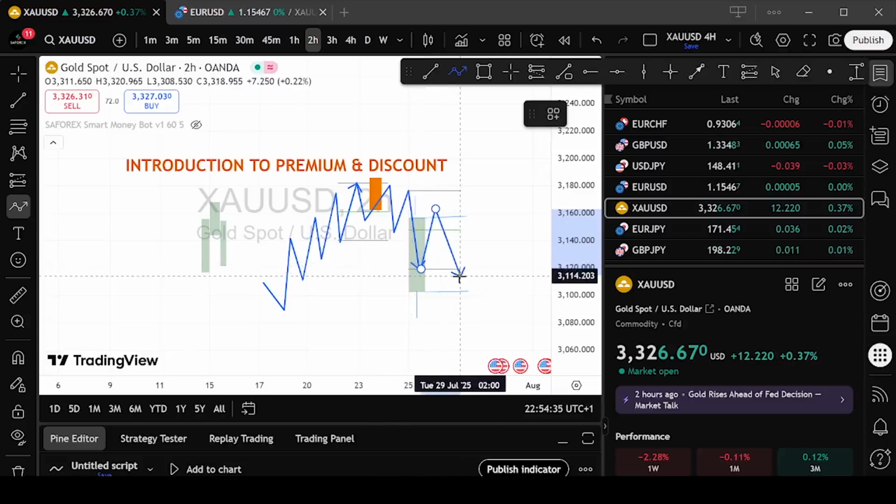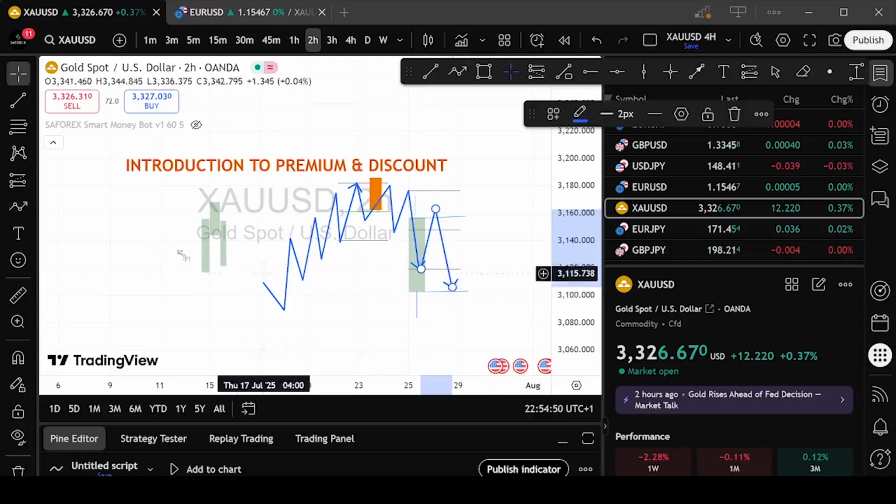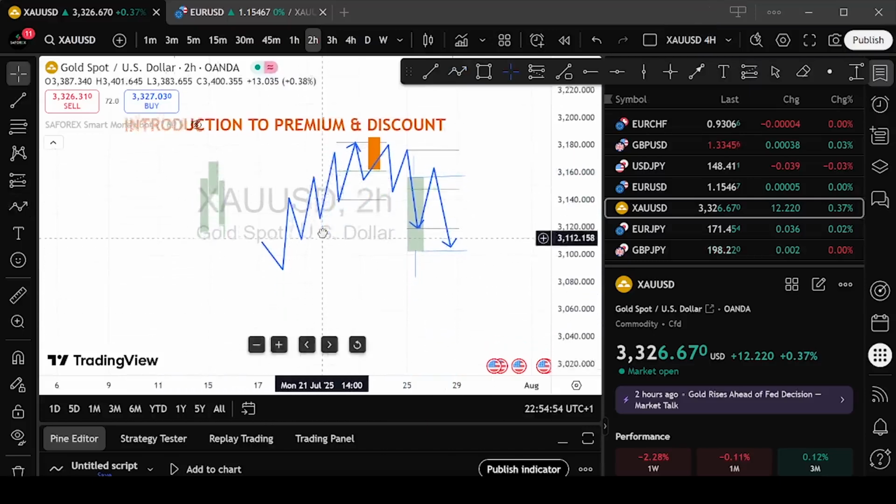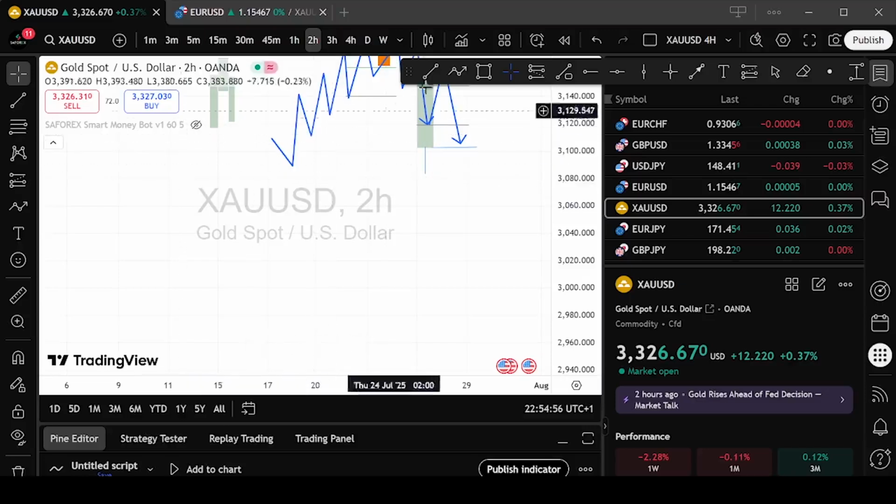So we want to assume that price moves from point A, which I assume is a swing low, to point B, which is a swing high. Let me make another schematic.